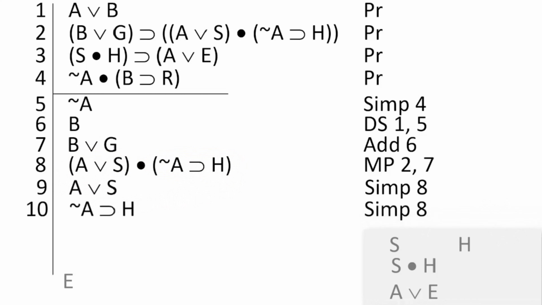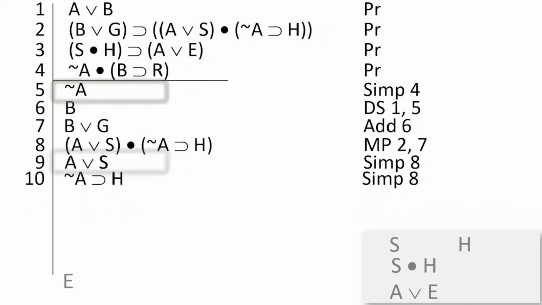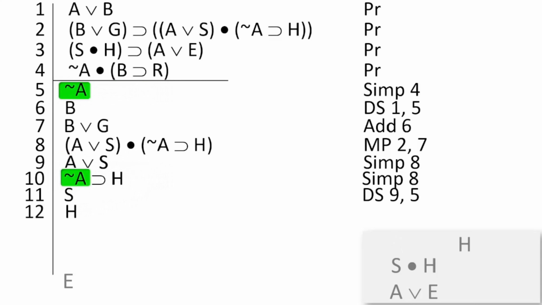Now we wanted them because we wanted to have S and H on their own lines. To get S, we need to apply disjunctive syllogism to line 5 and 9. To get H, we will apply Modus Ponens to line 10 and 5.